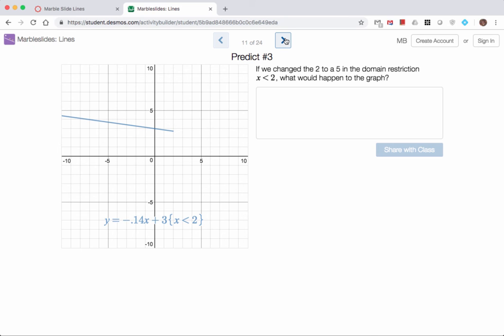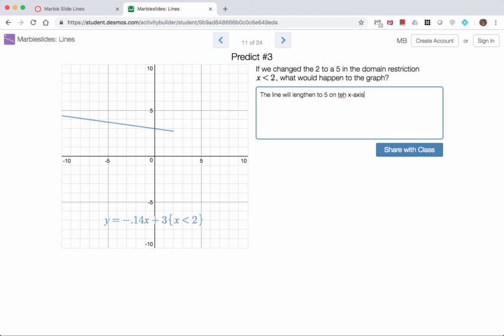Okay, predict number 3. If we change the 2 to a 5 in the domain restriction, x less than 2, what will happen to the graph? Well, the graph is going to extend all the way over until it hits the 5, right? In other words, it'll pull the line further to the right. The line will lengthen to 5 on the x-axis.